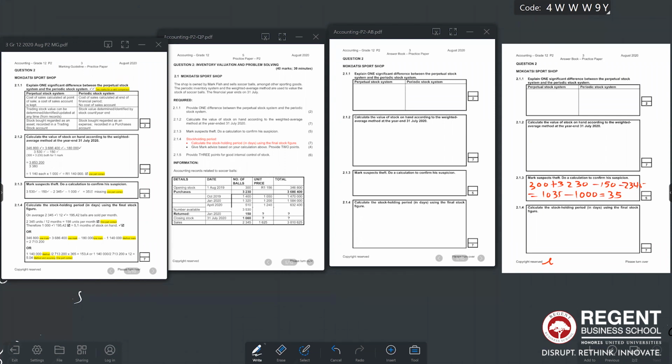But I'm faced with the problem. I don't have my cost of sales. I don't see it there. Now, in the periodic inventory system, how do you work out the cost of sales? It's a set pattern.